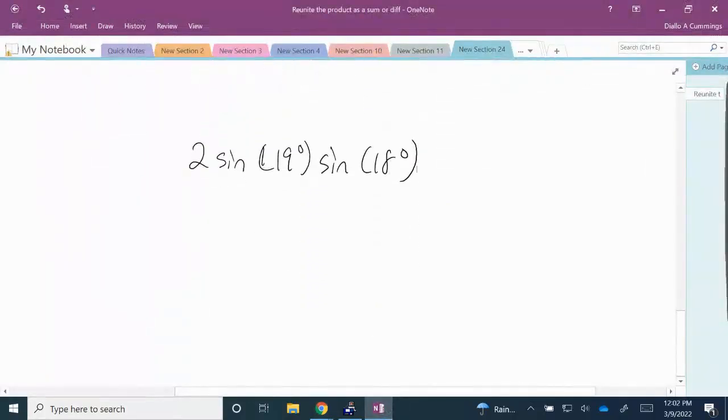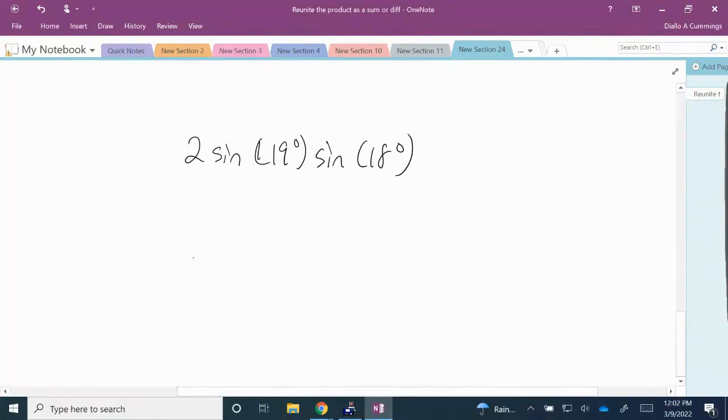So we do have to modify our formula in this instance. I'm just going to rewrite the formula.